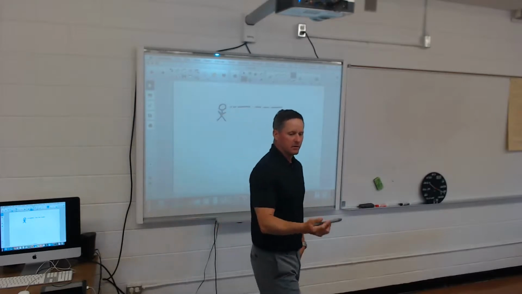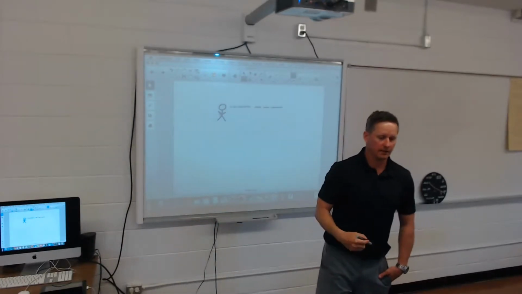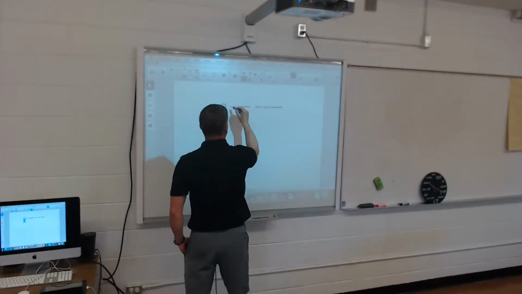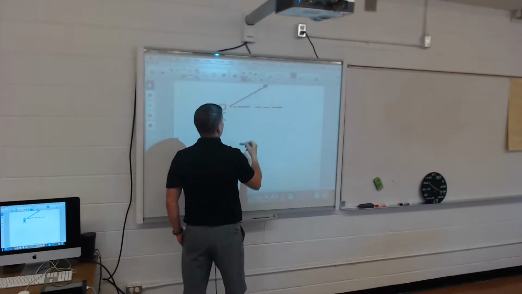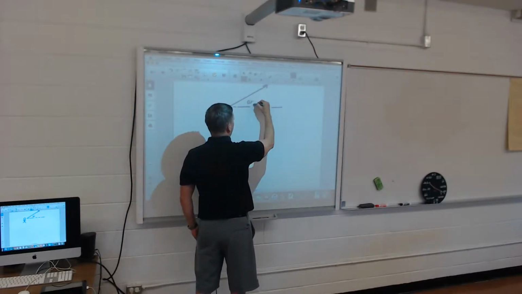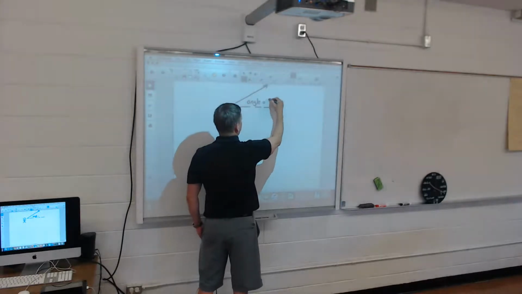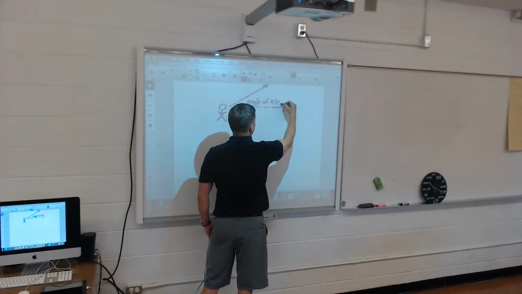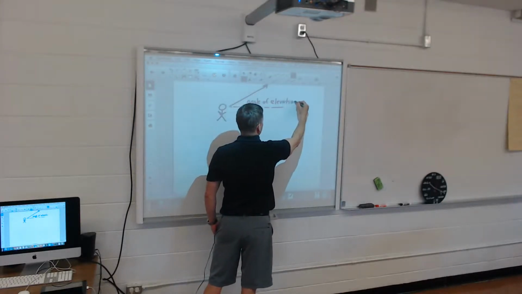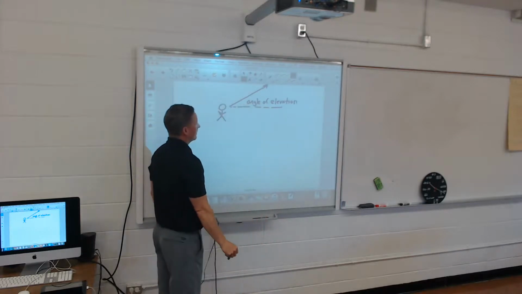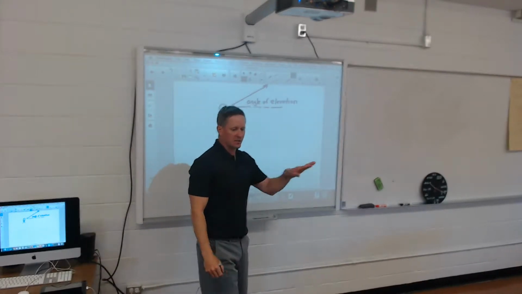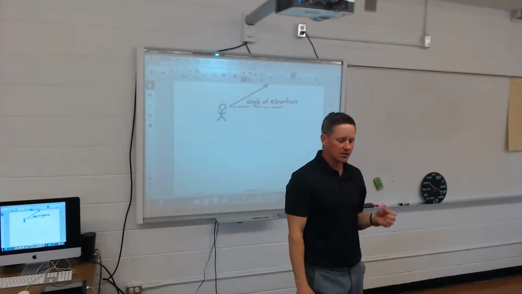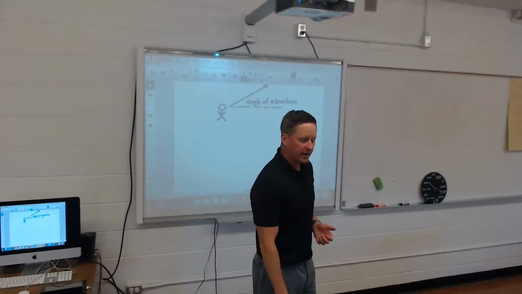So that's looking out at the horizon, okay, looking straight out. If I look up, this creates what I call my angle of elevation. Okay, so if I take the horizontal and I look up from the horizontal, that creates an angle of elevation.